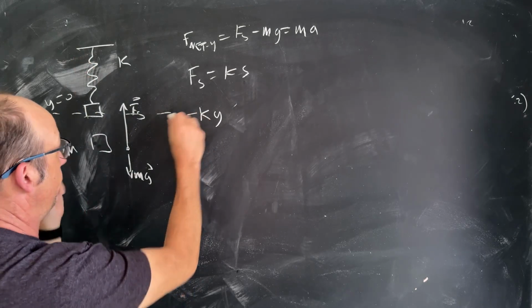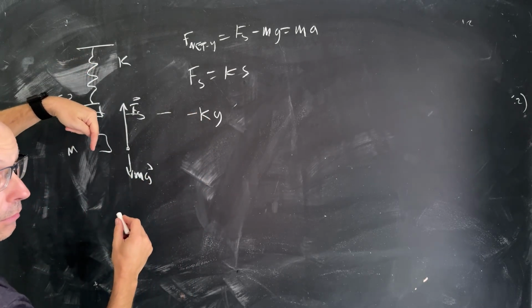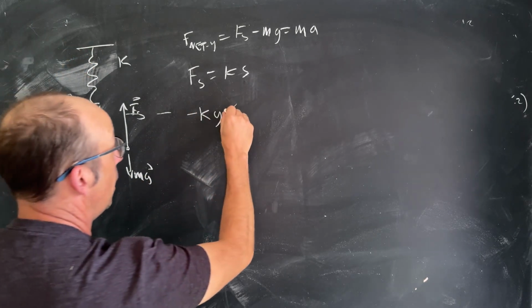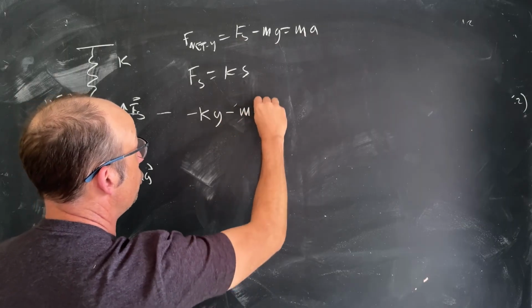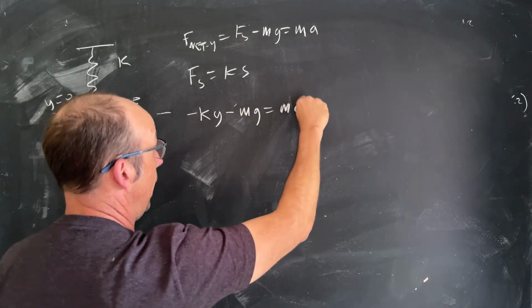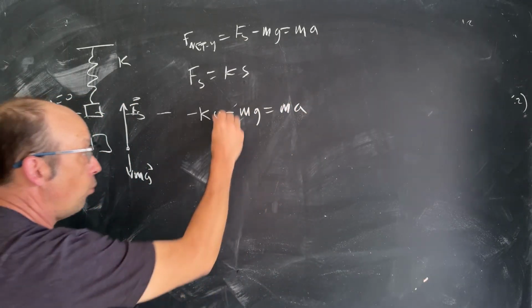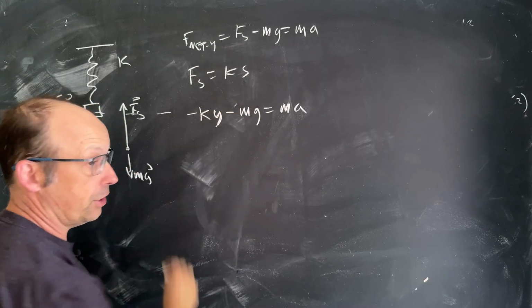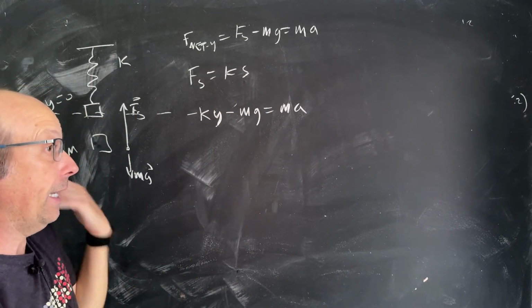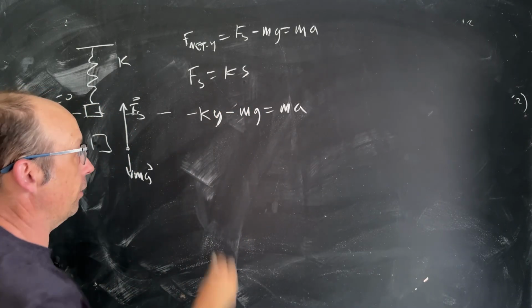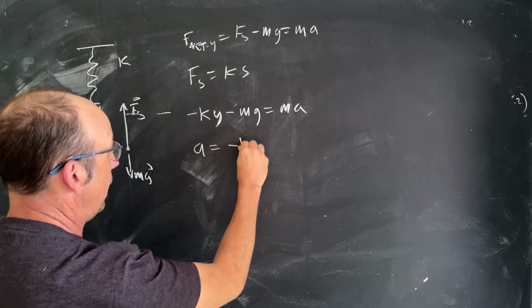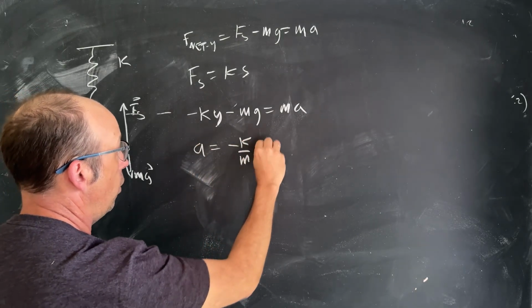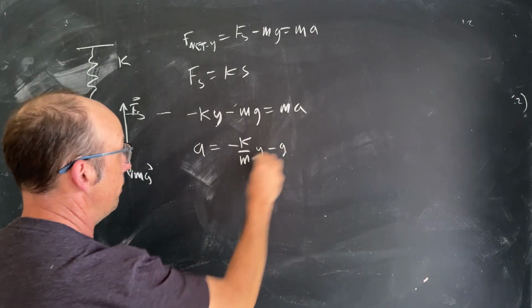It's actually negative because I have a negative y value, right? And then the force is up. Minus mg equals ma. That's a_y, and that's g. Okay. Now, let me go ahead and solve for the acceleration. So I have an acceleration a_y equals negative k over m times y, minus g.